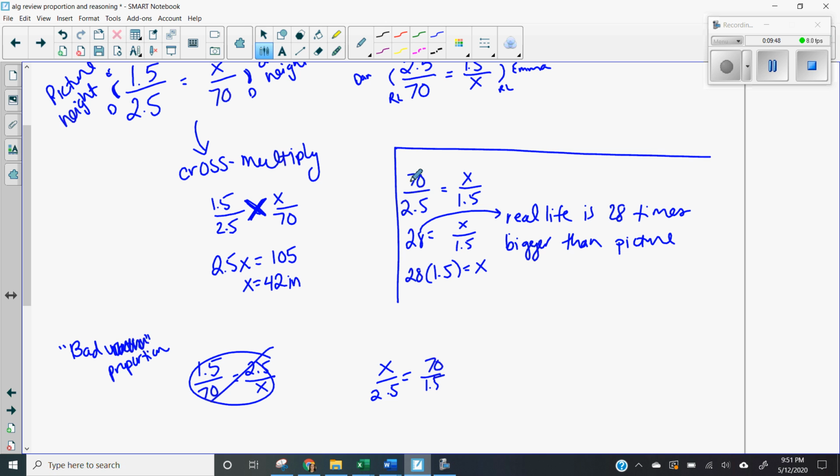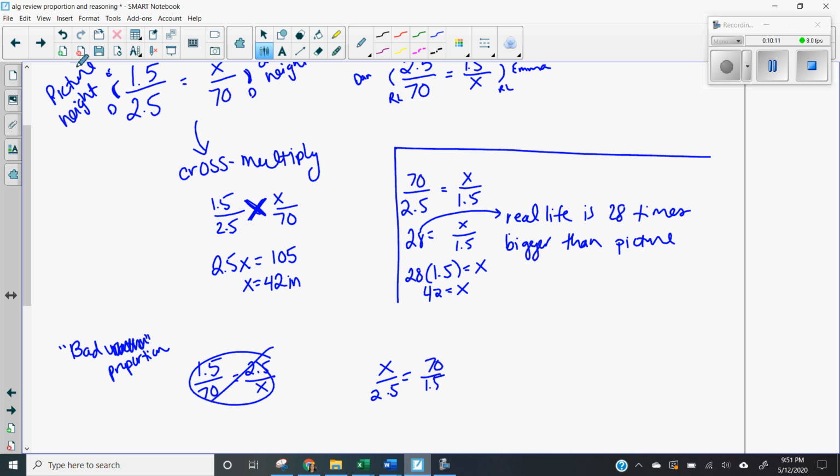If you're comparing Dan's real height to the picture height, it's 28 times bigger. So then we would just take Emma's real height and multiply by 28. That's what this step is doing. So that didn't necessarily show up in your work, and that's okay, but I just want to point that out because you might see this 28 is significant, even though it gets lost in the cross multiplication step.